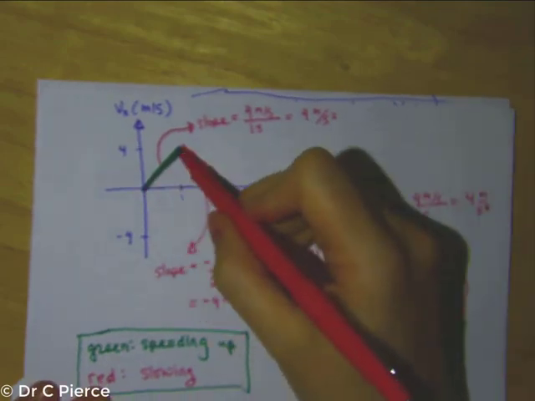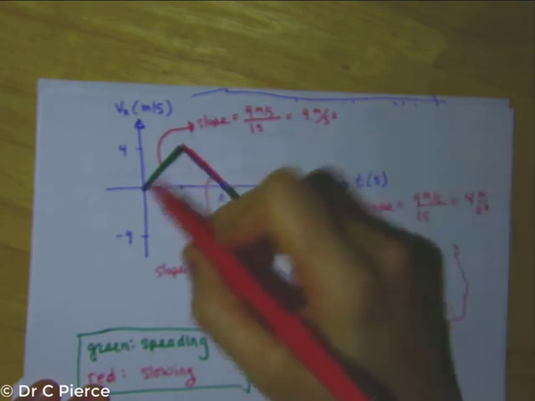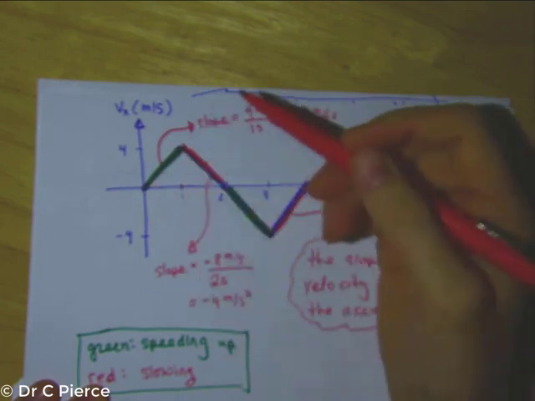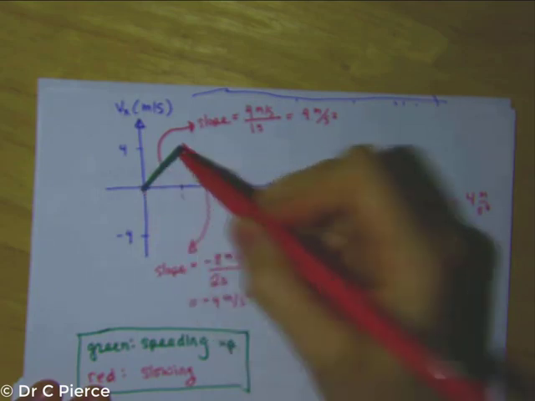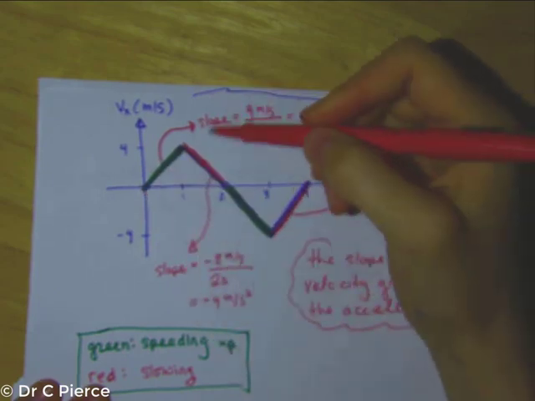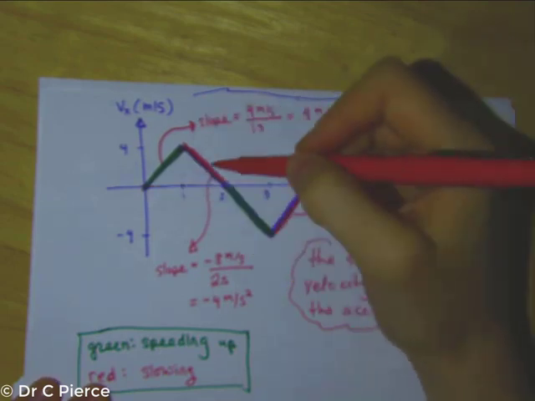So if I was going to scroll up here to this graph, during this time frame, the acceleration was constant. The slope here was constant on the velocity graph. So we could use a kinematic equation to calculate stuff from t of 0 to t of 1.